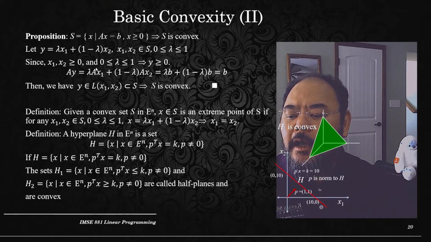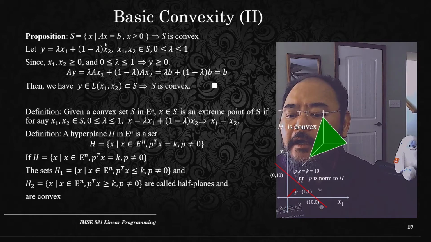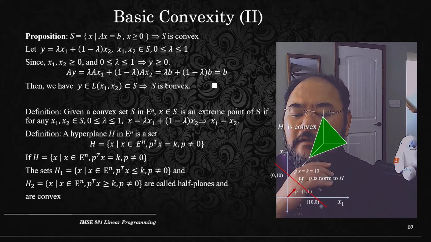Since A times x1 equals B and A times x2 also equals B, I can replace them by the right-hand side, B: lambda times B plus 1 minus lambda times B is still equal to B. So y satisfies the first equation, A times y equals B. Also, we can prove that y itself is non-negative. Therefore, we say S is a convex set.